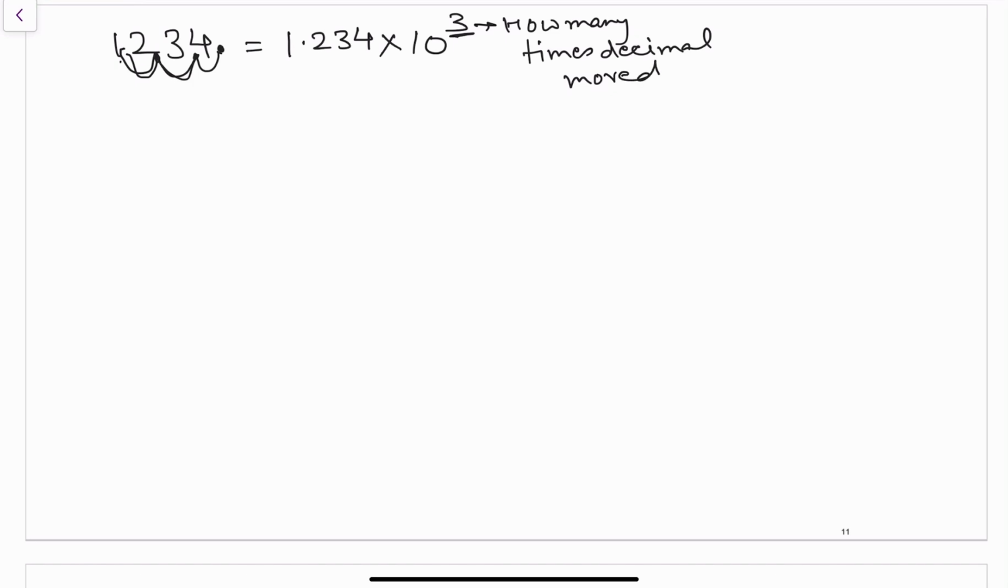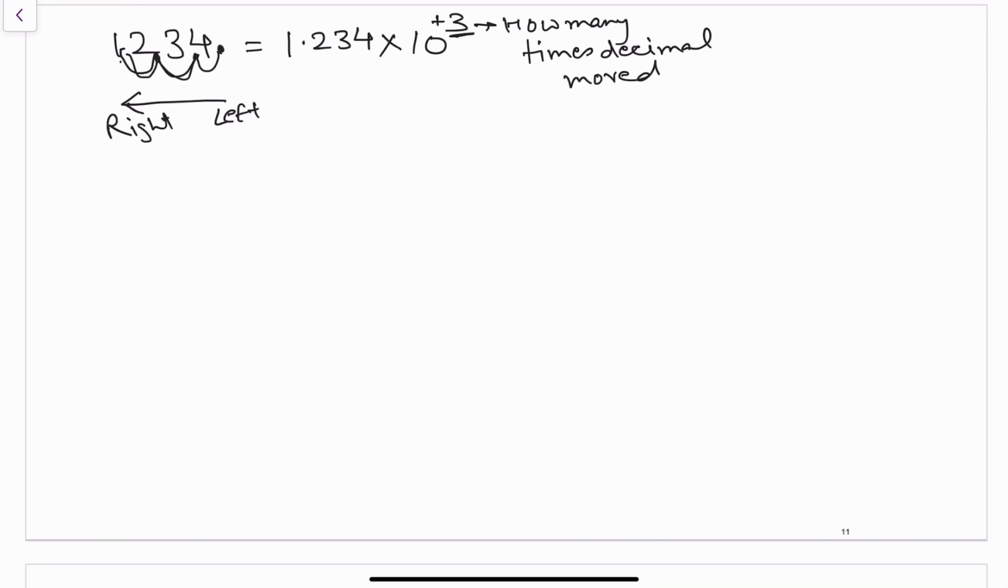Now the second thing is whether this 3 is a positive 3 or a negative 3. How would I know? Remember this: if you move a decimal from left to right, the exponent will be a positive number, plus 3.